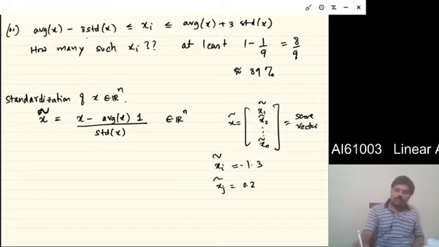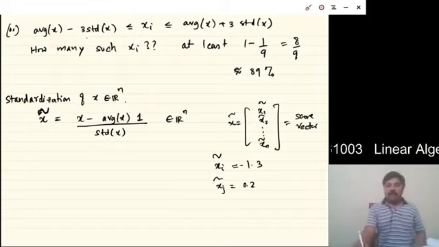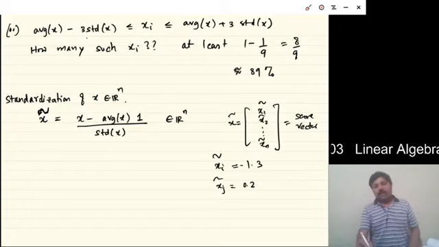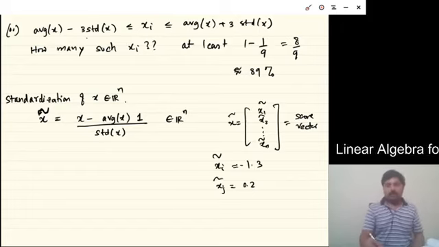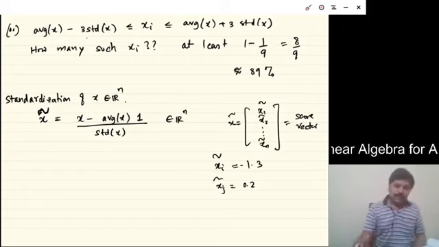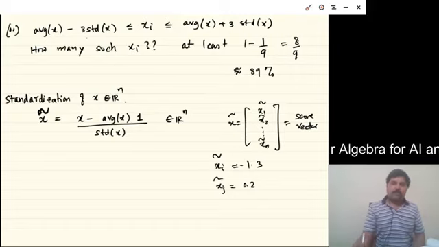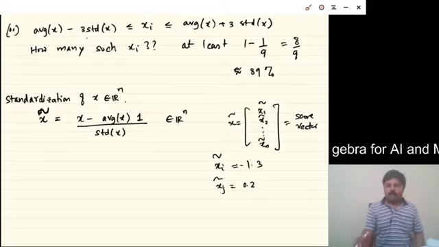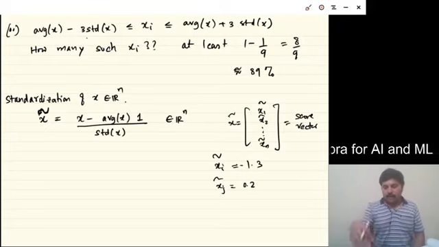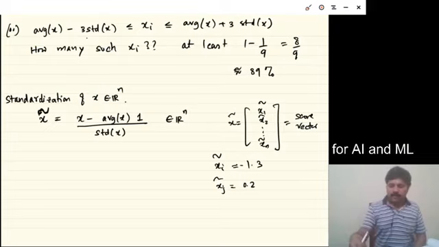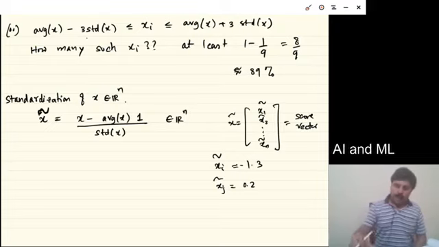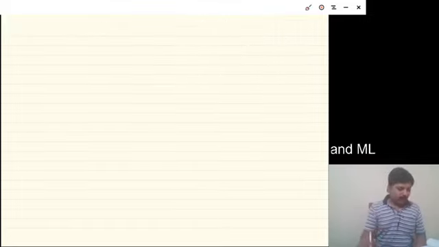So many a times you will perform this standardization operation. This standardization operation is basically x minus the average of x times the one vector, divided by the standard deviation of x. So that vector x tilde, the score vector, will have this information about the original vector.